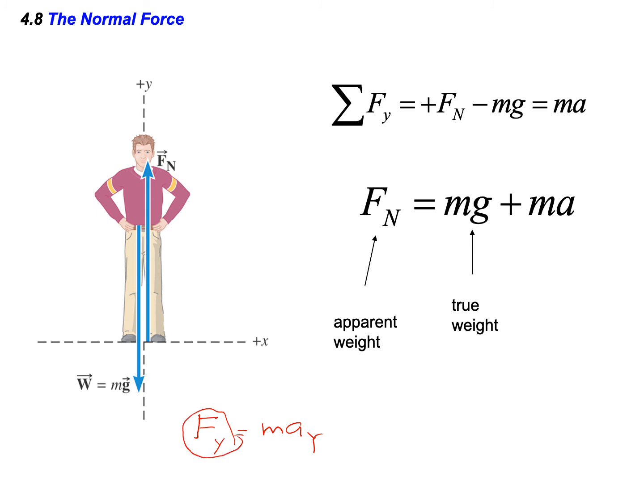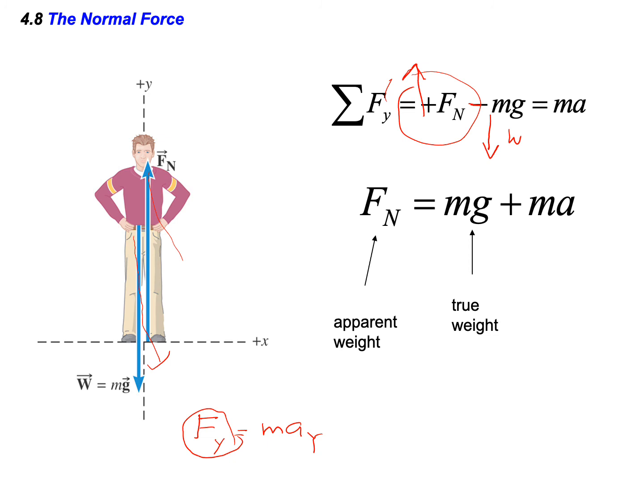If you are inside the elevator, you have your weight, and you also have your normal force, Fn, pointing up. mg is your weight, W. You put a negative sign, because when you apply Newton's laws you have to apply a certain sign convention.